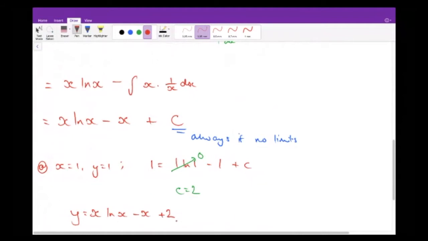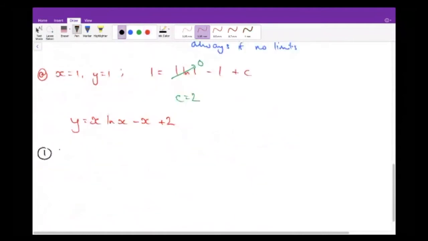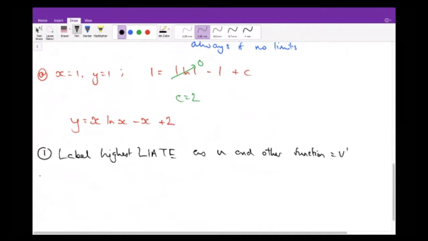So to summarize the method. 1, label the highest LIATE function, and highest means earliest in the name LIATE, as u, and the other function as v dash. 2, differentiate u and integrate v dash.